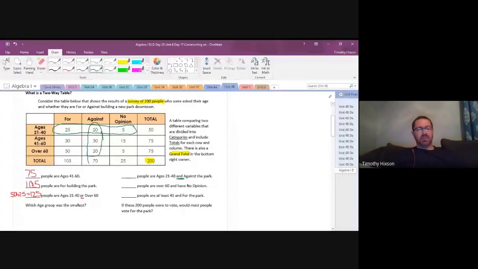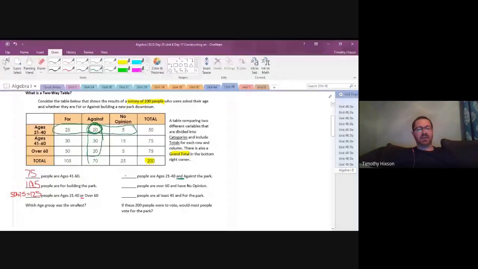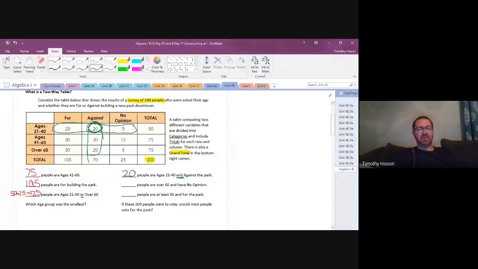So the people who are ages 21 to 40 and against the park are just this group of 20 people right there.